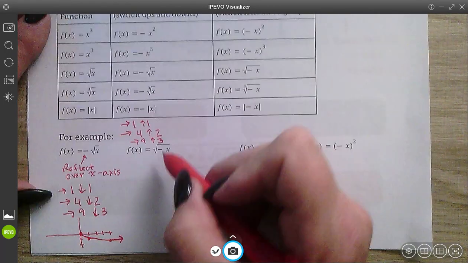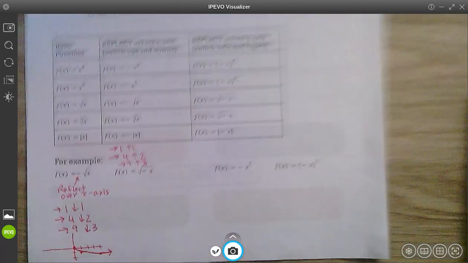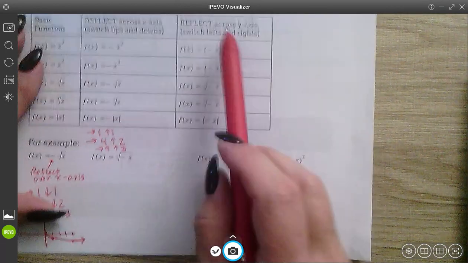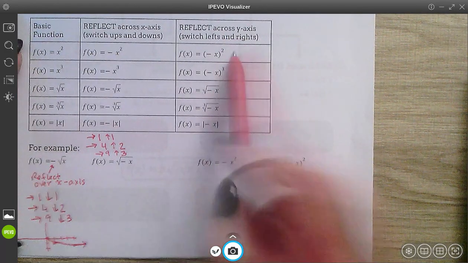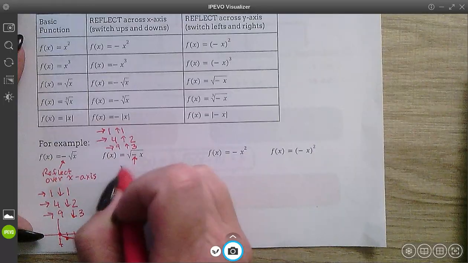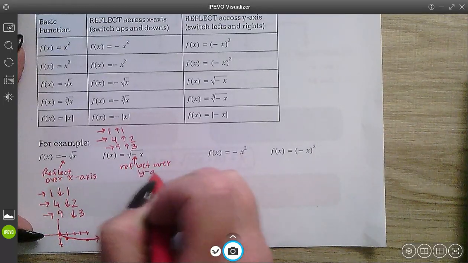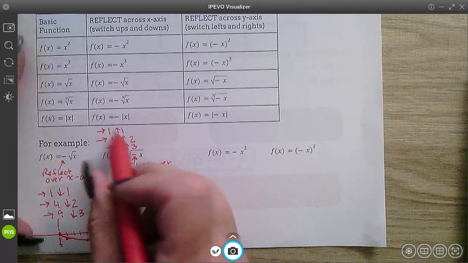But if the negative is on the inside, then I'm reflecting across the y-axis, which means I need to switch my lefts and rights. So my pattern is going to, I better write that down, reflect over y-axis. So I'm going to switch lefts and rights.